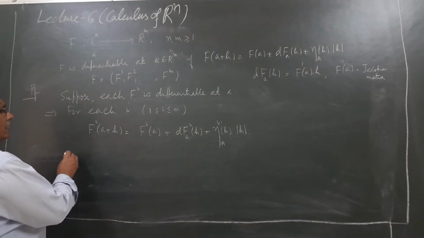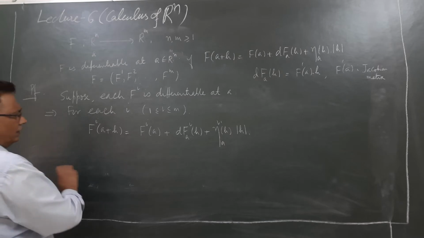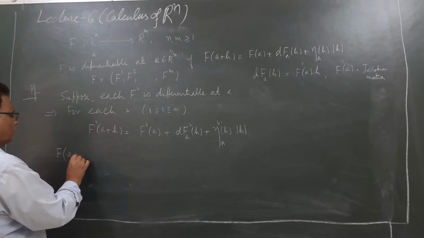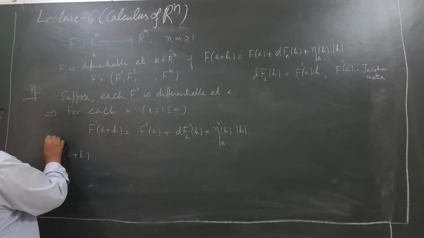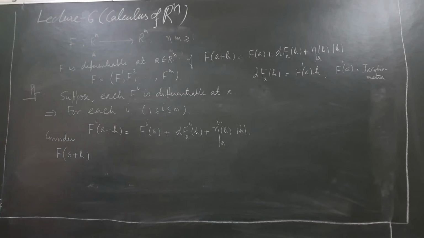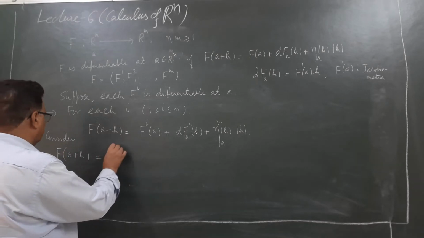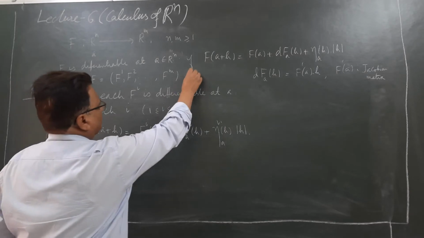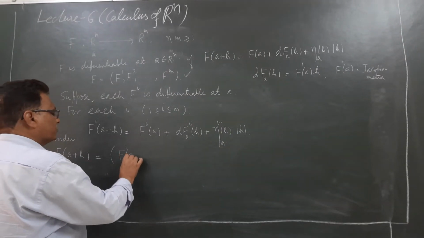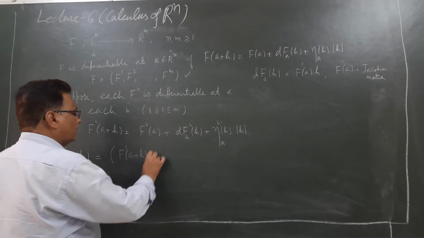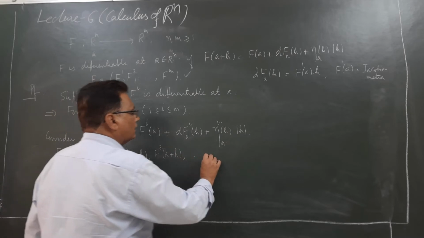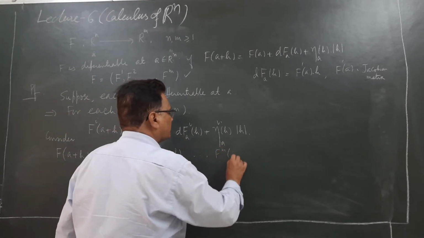So now consider f of a plus h. This is equal to, from the definition, f1 of a plus h, f2 of a plus h, fm of a plus h.